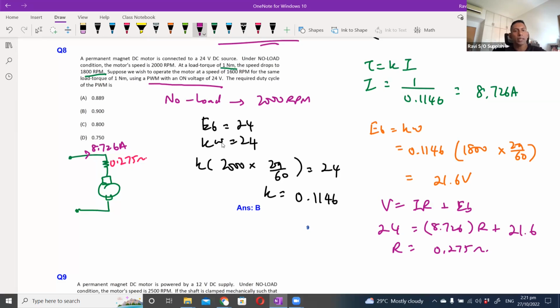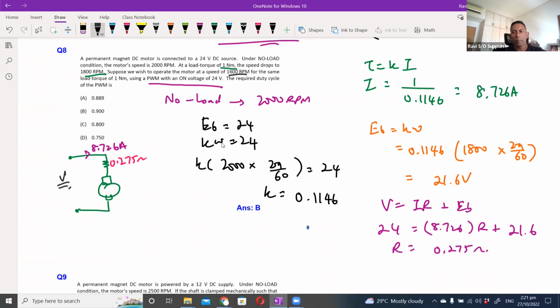Basically now I need to find out how much is the voltage I require here, such that I'm able to have 8.726 ampere of current flowing through this motor, with the back EMF based on this required speed of 1600 RPM.